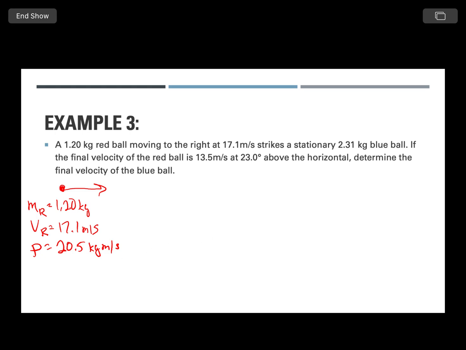Okay. Well, then let's set up the blue. Okay, there's my blue ball. It has a mass of 2.31, but this one has a speed of 0, so it means it has a momentum of 0. Okay.